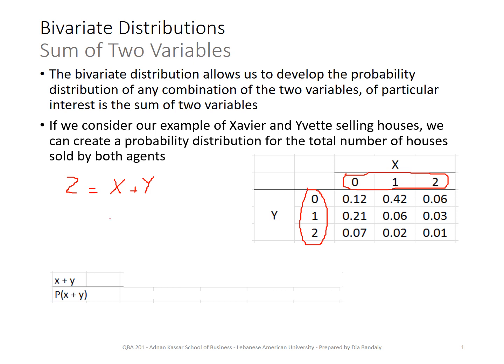How to do that? That's easy. For X equals 0, what are the possible values of Y? We have 0, 1, and 2, which means the possible values of X plus Y are: 0 plus 0 is 0, 0 plus 1 is 1, 0 plus 2 is 2. So we know so far that X plus Y can take these three values.